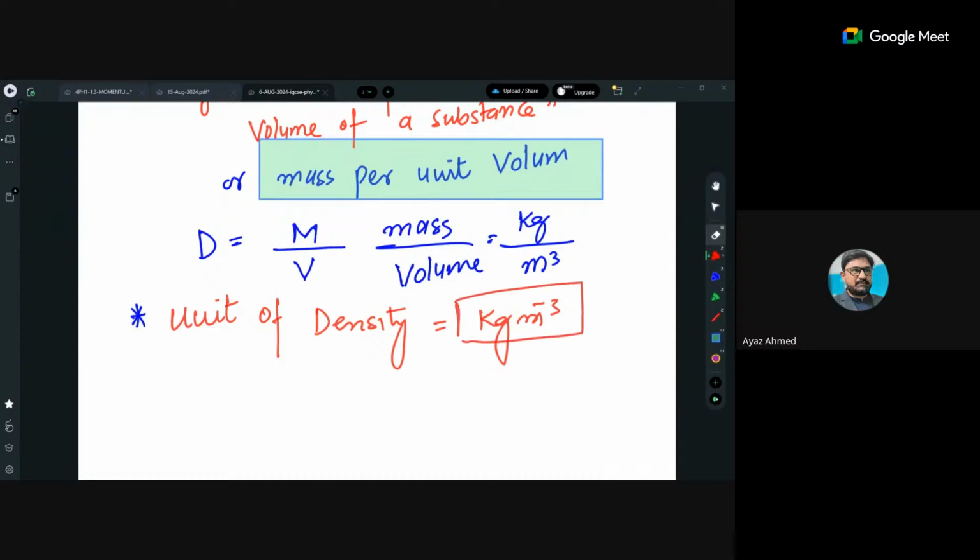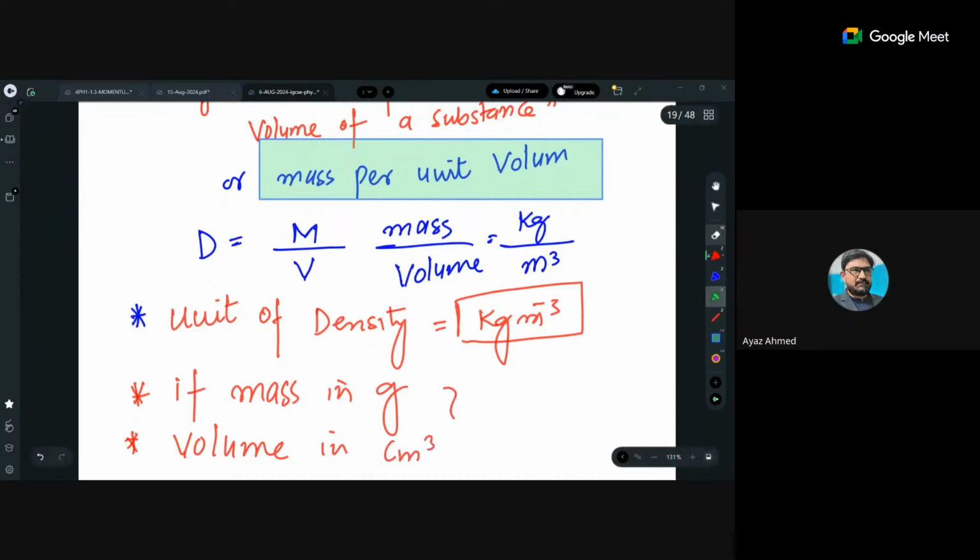But all the times density is not measured in these big units. We measure the density in different other units as well. For example, if mass is measured in grams and volume in cubic centimeter, then what will be the unit for density?